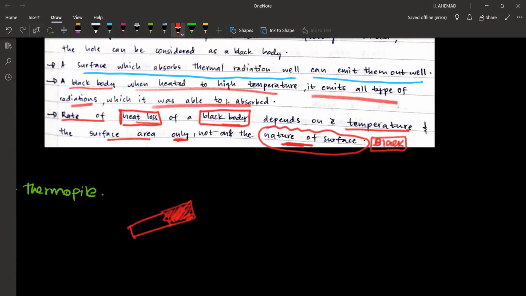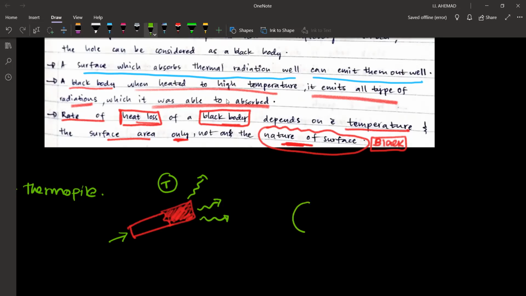Now this metal is obviously not a black body, but when you heat it and it comes to a specific temperature, it releases radiation. It releases light, so we can see red color.